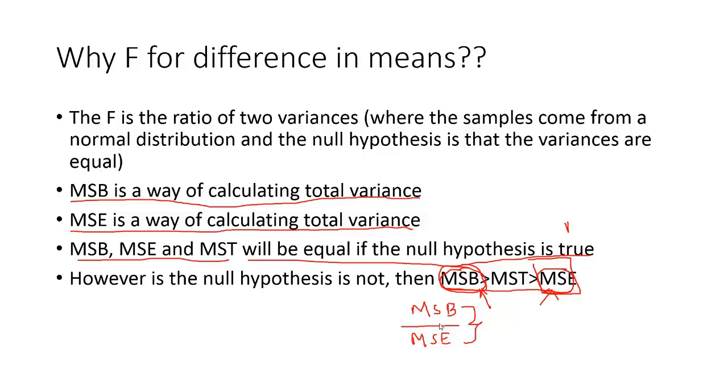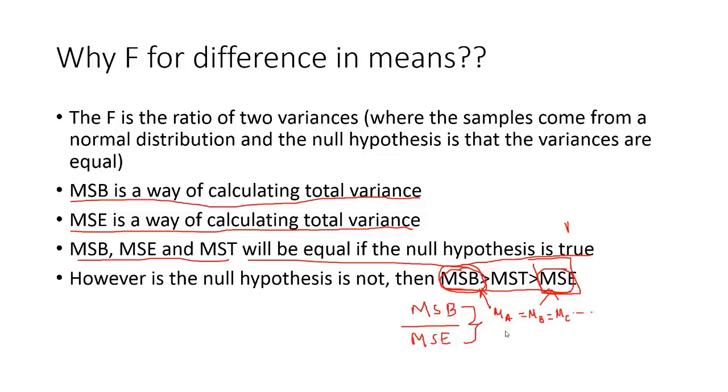Okay? So let's get a little bit more intuition. Here the null hypothesis is that mu A equals mu B equals mu C, and so on.